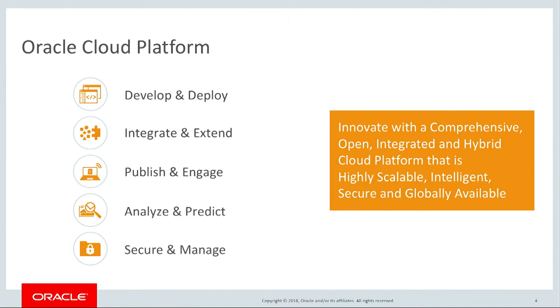Be able to analyze and predict what is happening in their application in real time, and be able to engage with their customers in real time based on what they want. And finally, security is job number one for everyone. So making sure that you can secure your applications and you spend as little time as possible in managing those applications, where the applications are able to manage themselves, scale themselves, tune themselves, etc.